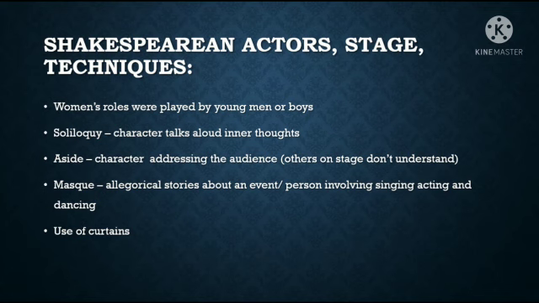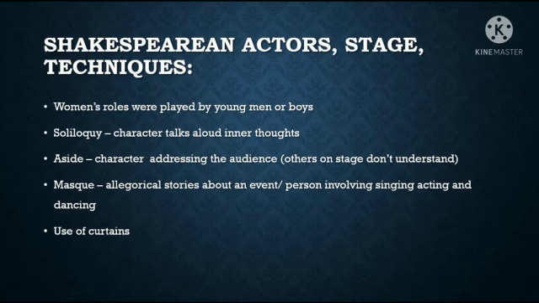Soliloquy. When a character talks aloud their inner thoughts, it is called a soliloquy. The next one is aside. Often in the text, you'll find aside being written within brackets. What is the meaning of that? Aside means the character addresses the audience, whereas the other actors or characters on stage don't understand or don't listen to what he says.